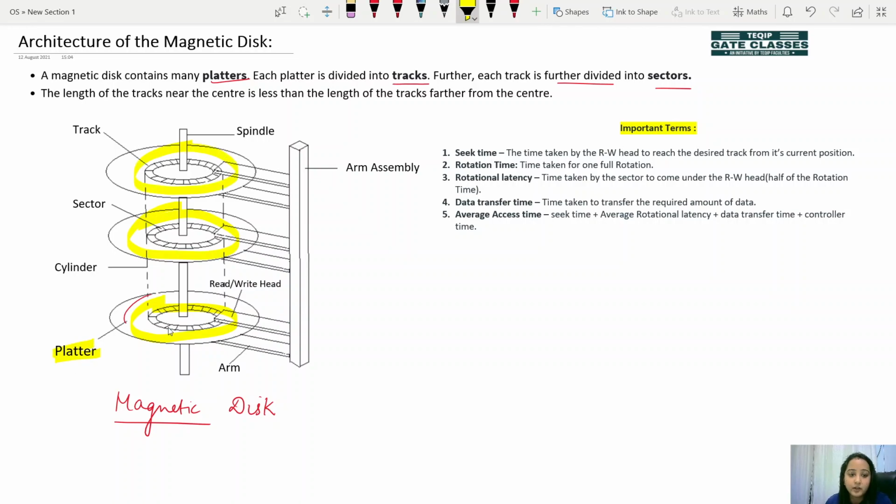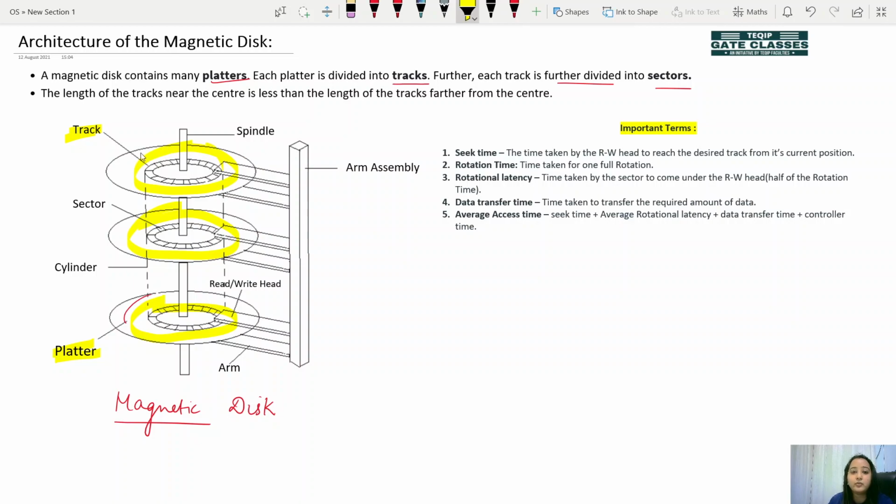Okay. Next, the platter is divided into the tracks. These circles present over the platter are indicating the tracks. Okay, these circles that are indicated over the platter are called tracks.